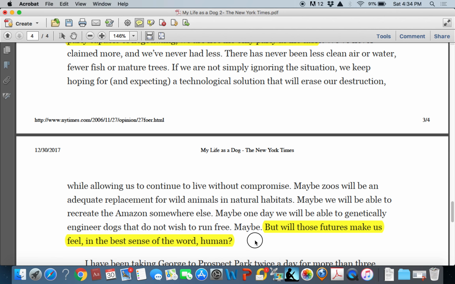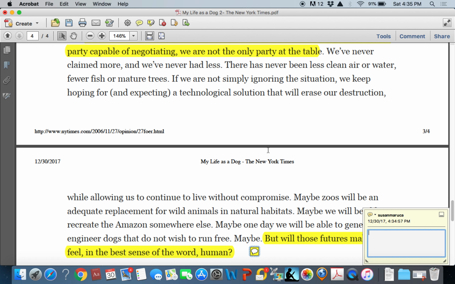And here, just looking to see what the author talks about, he says that compromise between humans and the non-human or natural world is not happening, and as we refuse to compromise, we lose our natural world.